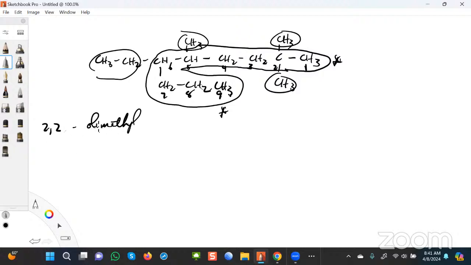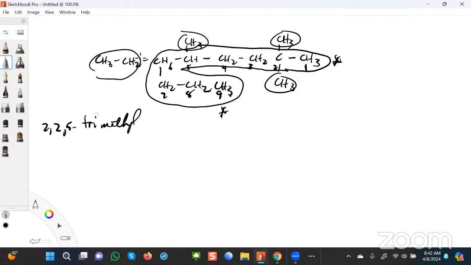Another thing, because there's another methyl group here, that will be on carbon number 5. So I'm going to put 5 here. And what I'm going to do as a result is erase this here and put tri, because that's what we need to do when it comes to indicating the correct number of a particular group, in this case, a methyl group. So therefore, you're going to see this as a part of the name of the molecule, 2,2,5-trimethyl, all right?